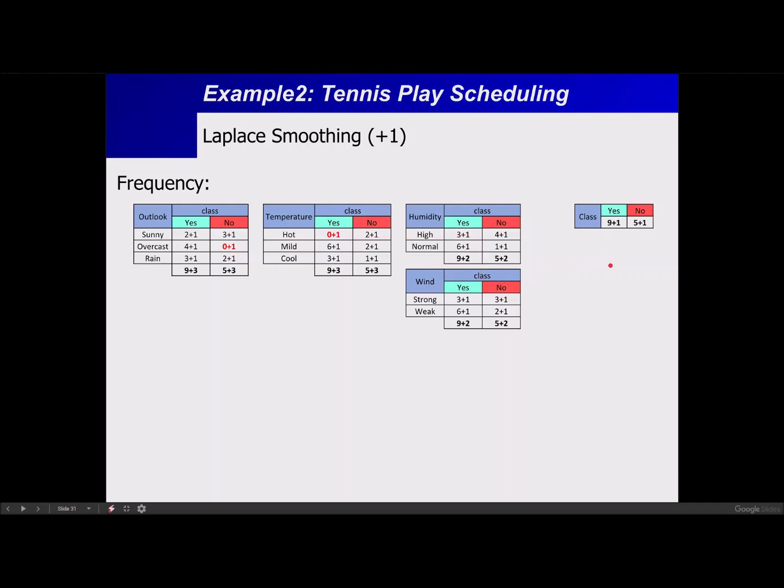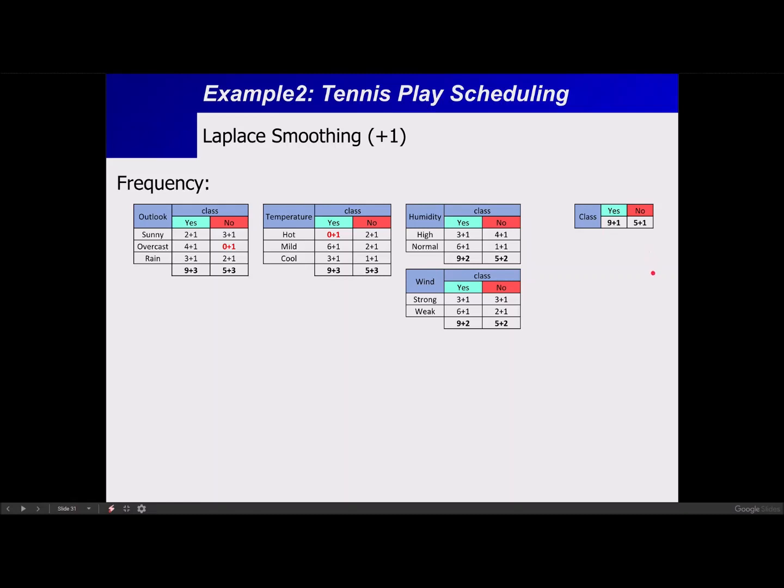And of course, as a consequence, the total for class yes will be 9 plus 1, which is 10. For no it will be 5 plus 1, which is 6. So the probability of classes will be slightly added up now.